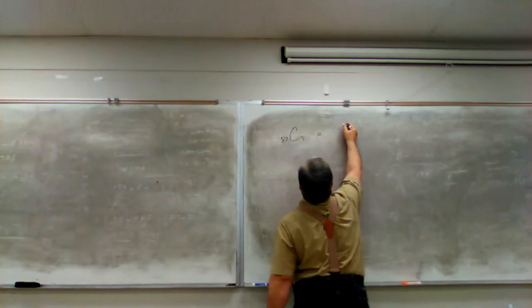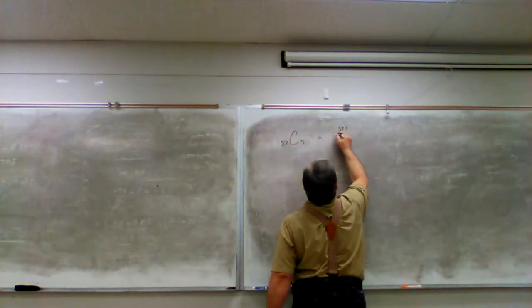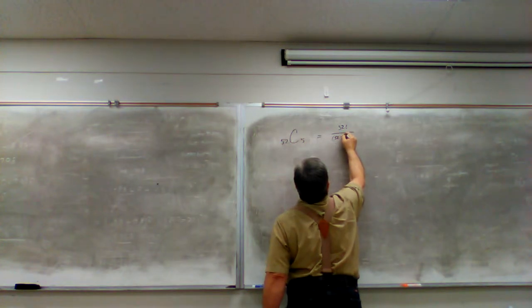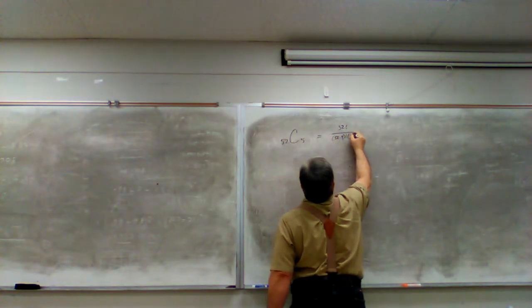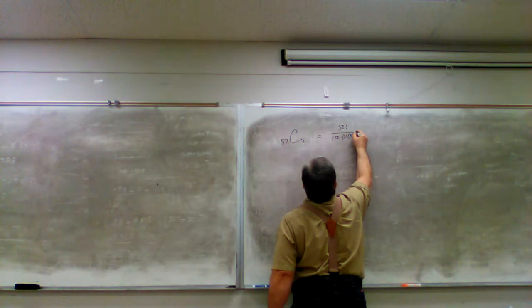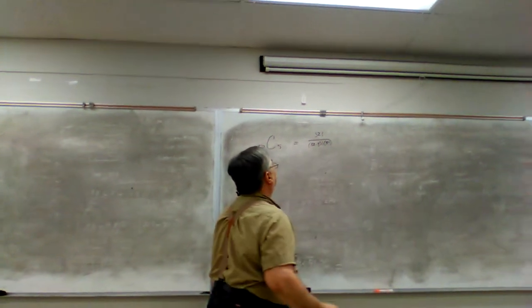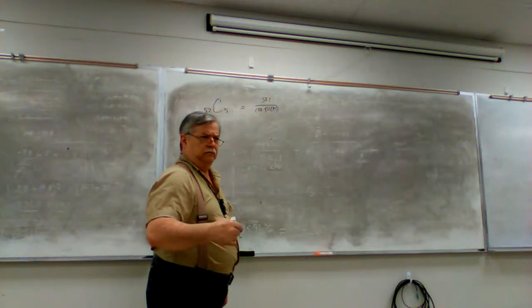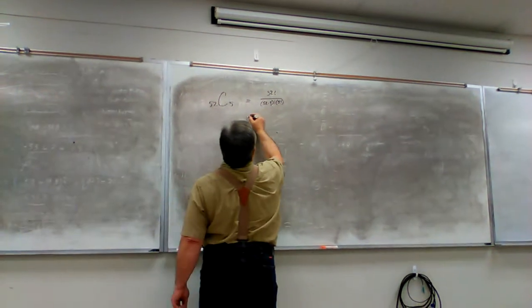That means there are 52 factorial divided by 52 minus 5 factorial times 5 factorial. 52 minus 5 is 47.